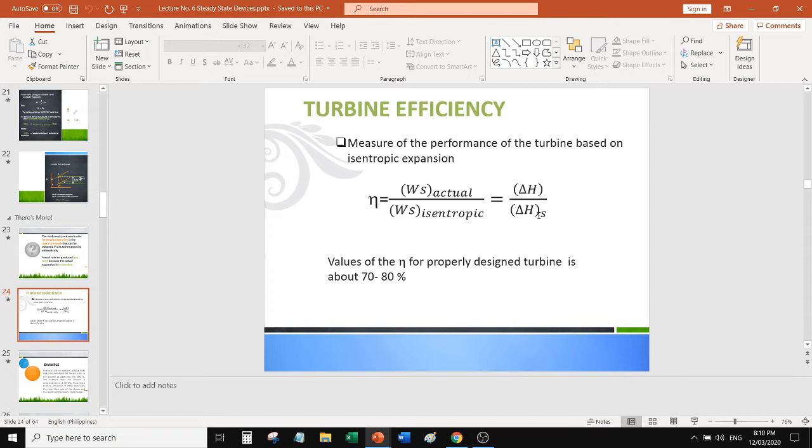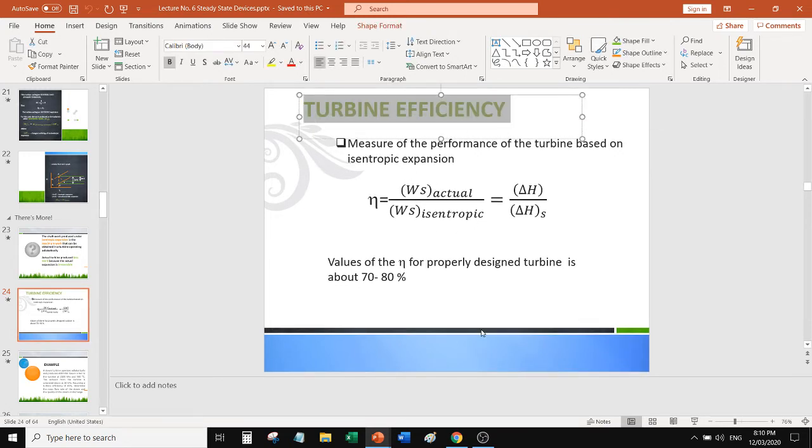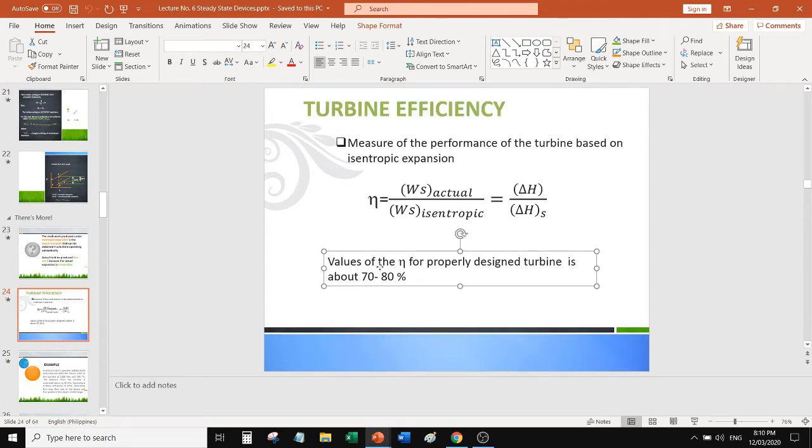Can you get greater than 100%, or is it always less than 100%? The efficiency of a turbine is always less than 100%. Why again? Because the isentropic or ideal work is always greater than the actual work for a turbine. The usual values for a properly designed turbine efficiency are around 70 to 80%.